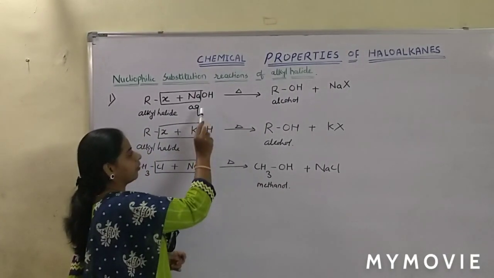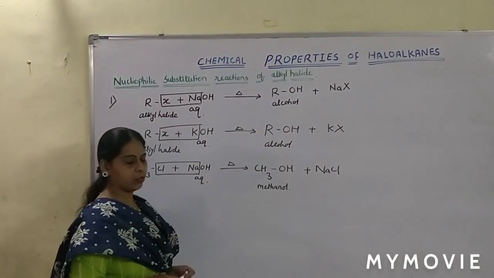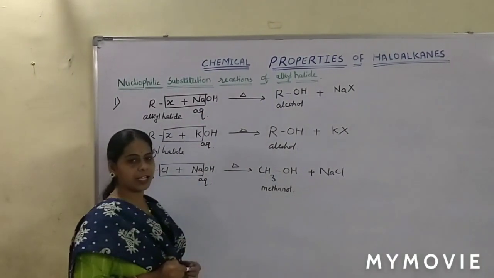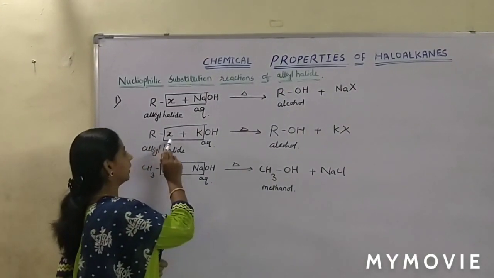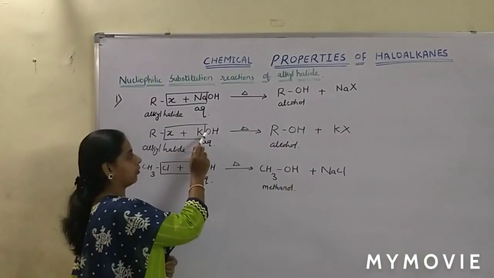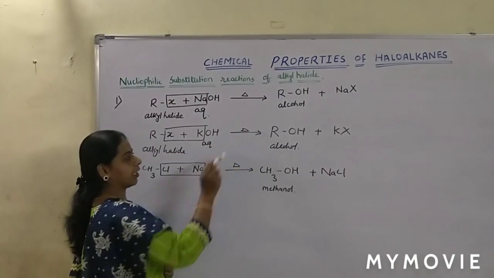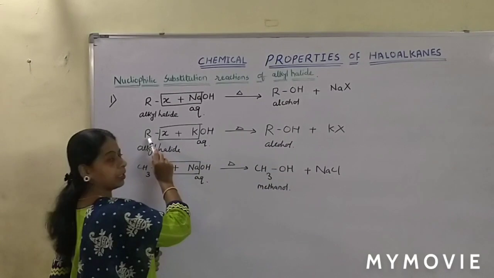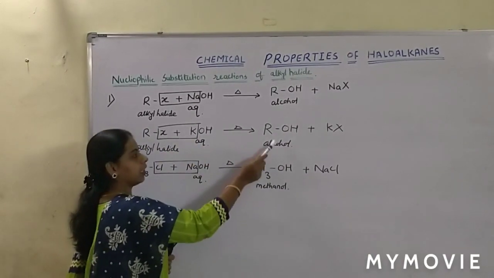The same reaction is carried out in the presence of aqueous KOH also, so we can use any one of these two hydroxides. Again the reaction is carried out under heat, so NaX will be the byproduct and the main product is ROH, that is the alcohol.